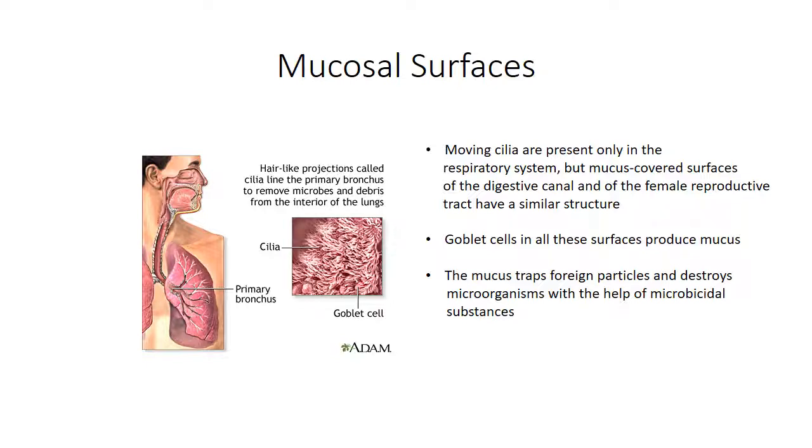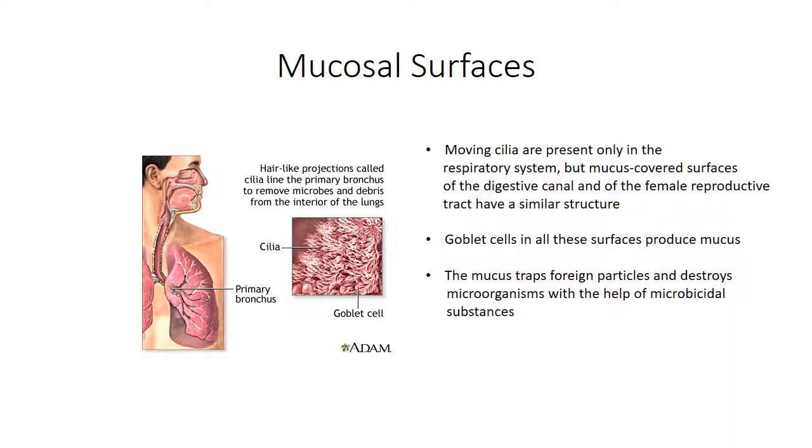There is mucus in your nose, in your larynx, in your trachea, and also similar mucus is in the gastrointestinal tract, in the alimentary canal, and similar mucus is also in the female genital tract, in the vagina and in the cervix of the uterus.